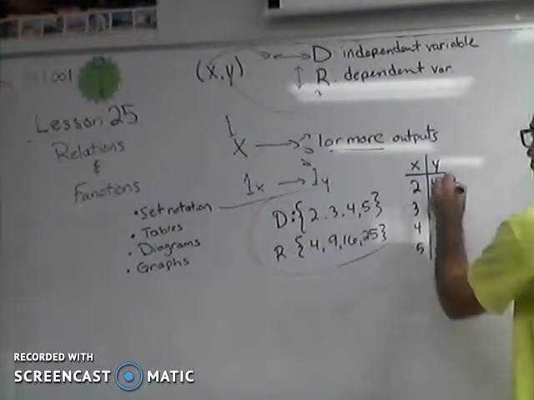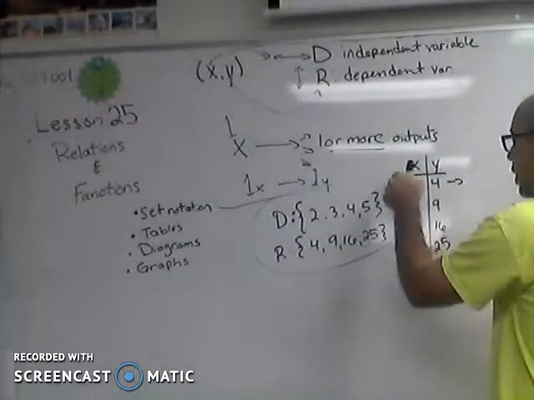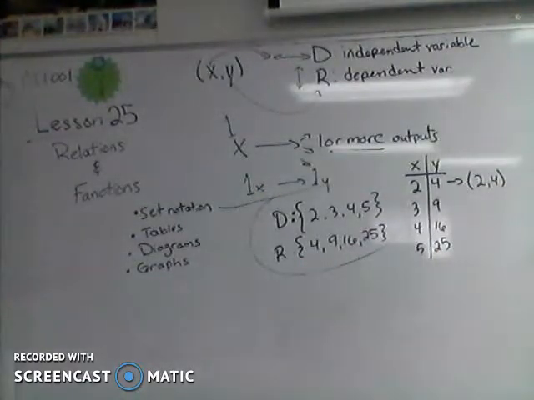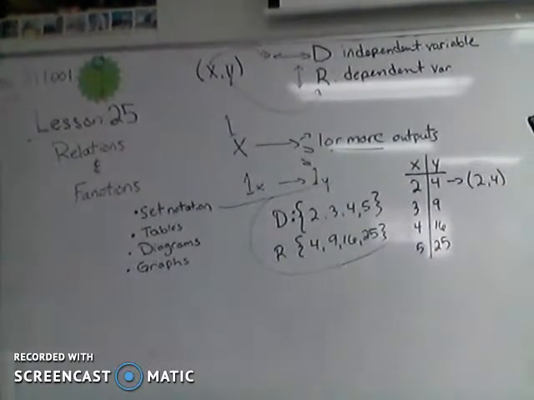So there being another way, we could list them instead of in a T-chart or table, we can start listing them as actually a set of ordered pairs.